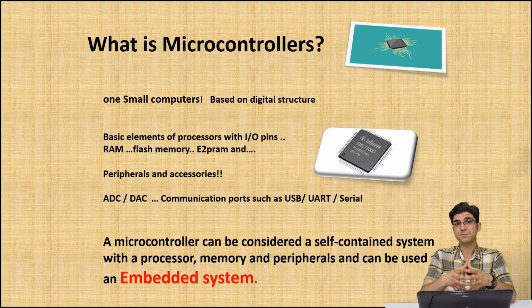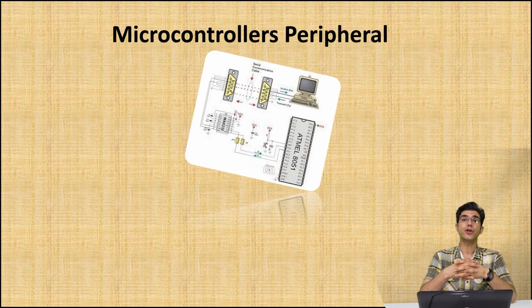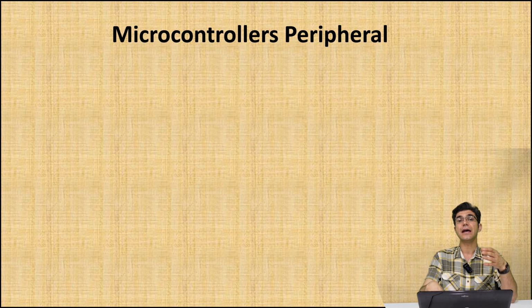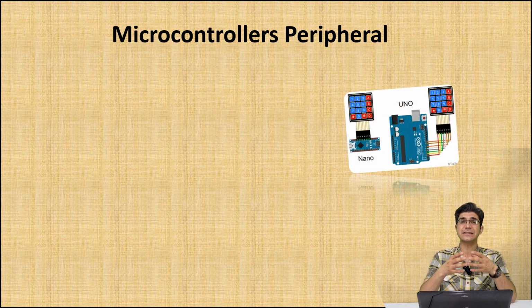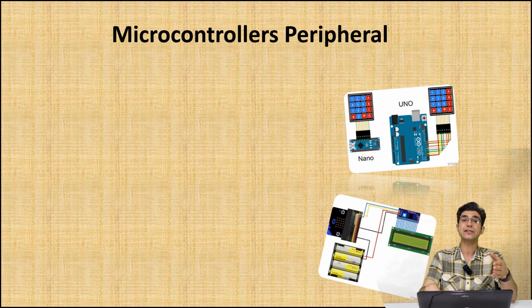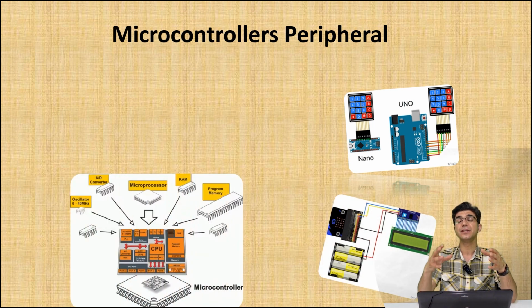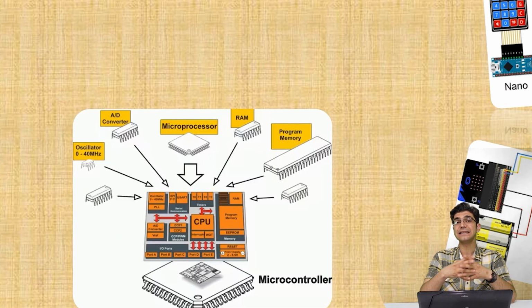Microcontroller peripherals: if you want to add ports like USB or serial, as I told you, or add a keyboard, keypad, LCD or sensors, you need ports, which microcontrollers have.